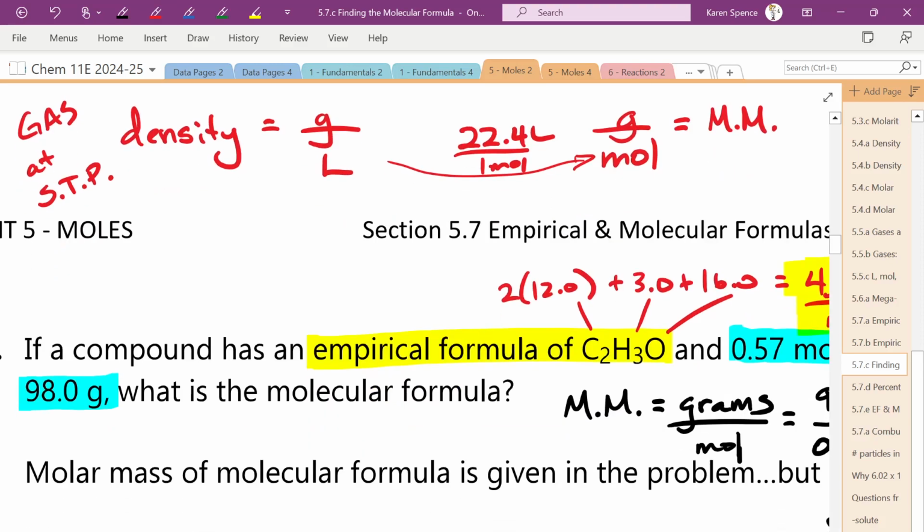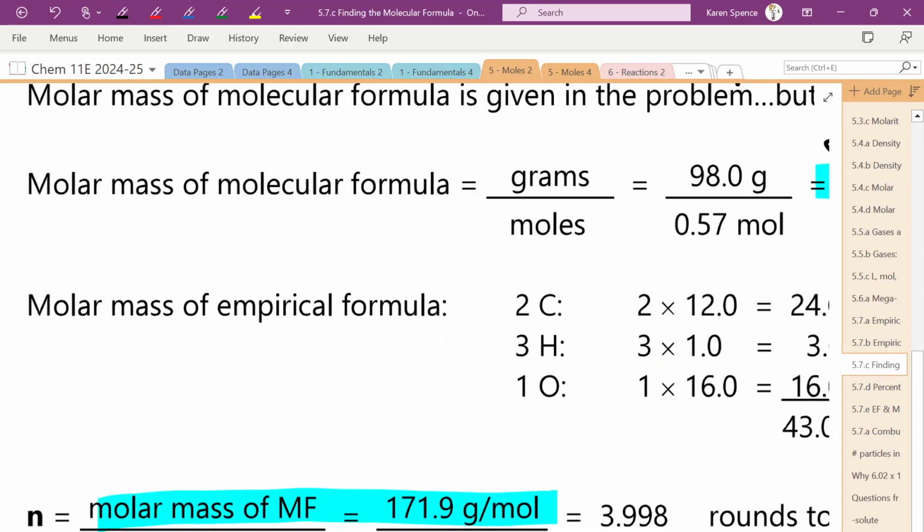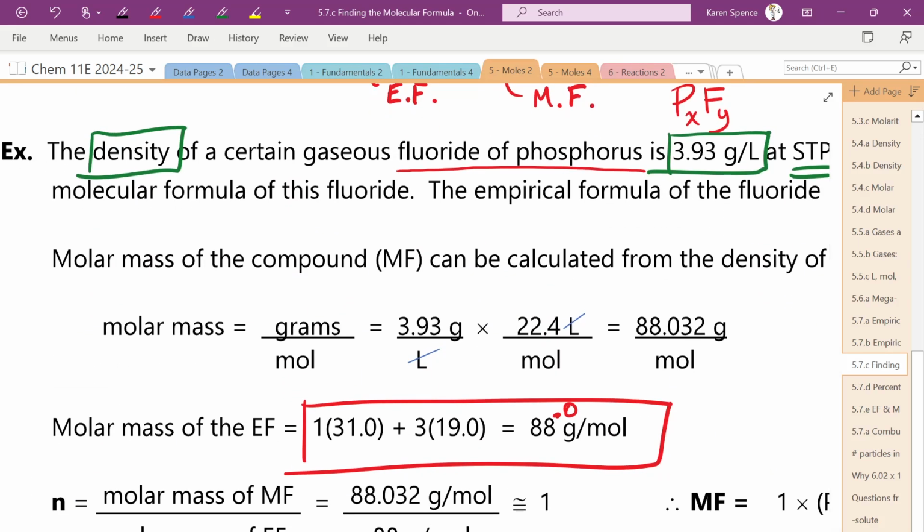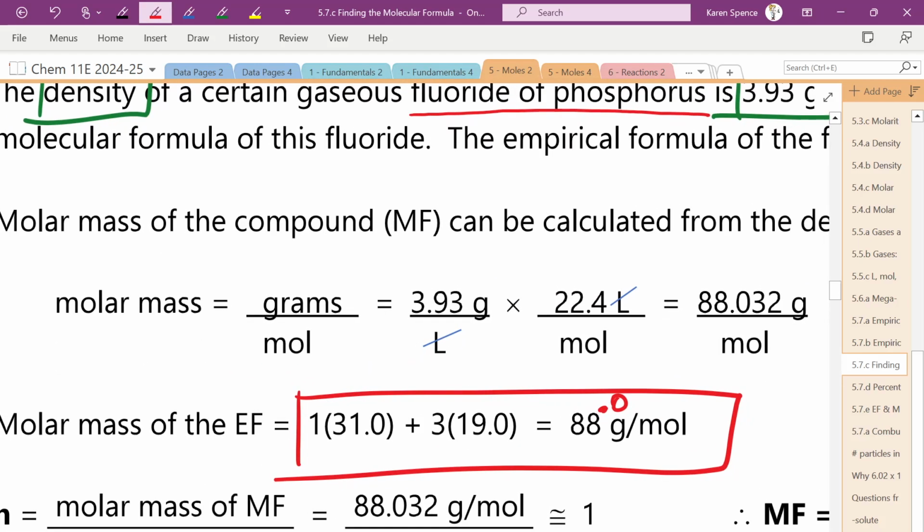Okay, so let's just take a quick look at that because we're running out of time, so we don't have time to write it all out. But we can see here, my molar mass is grams per mole. And I'm starting out with the density. It's a fancy arrow. Grams per liter.